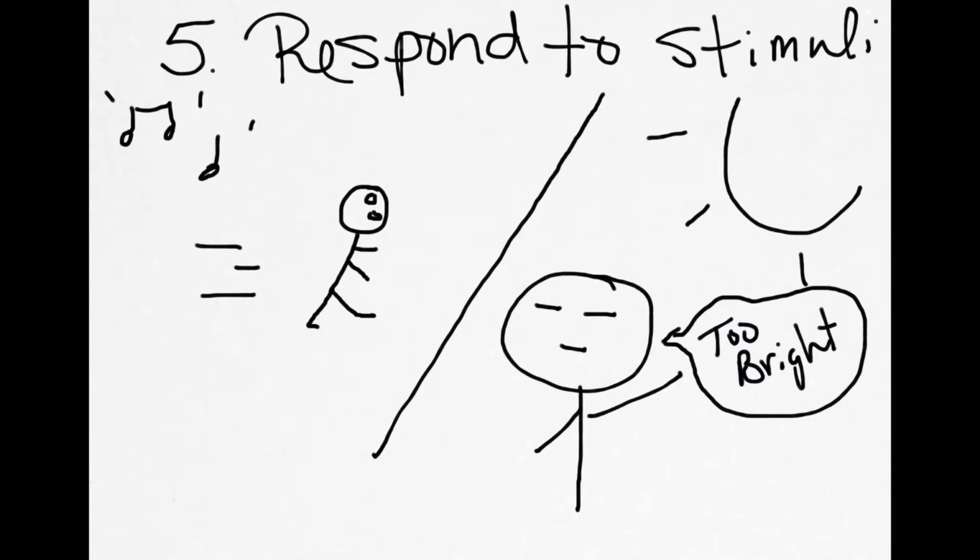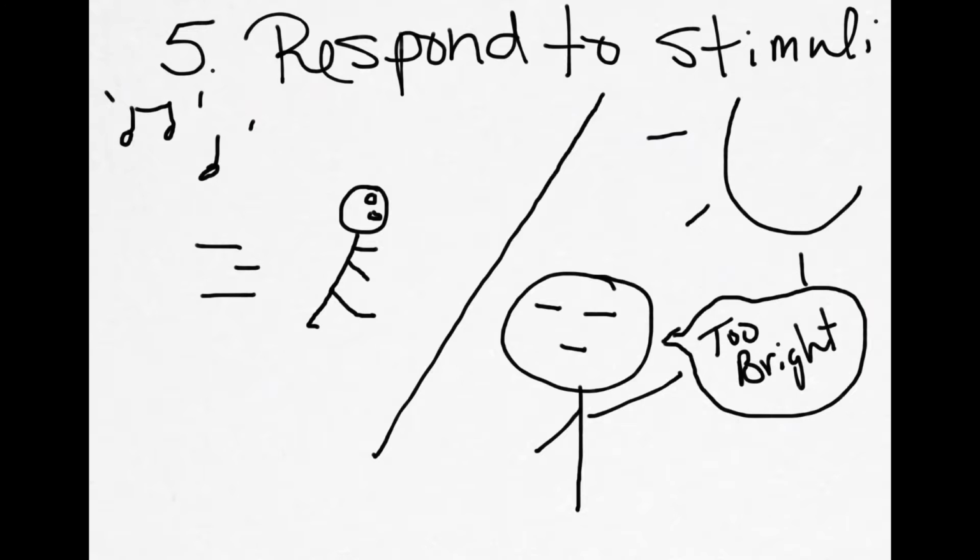For example, if we're in a really dark room and then we go outside on a bright day in the middle of the day, what is your body going to do to respond to that? Chances are your eyes are going to squint because of the brightness. That's a response to the environment because you're responding to the change of light within your environment.